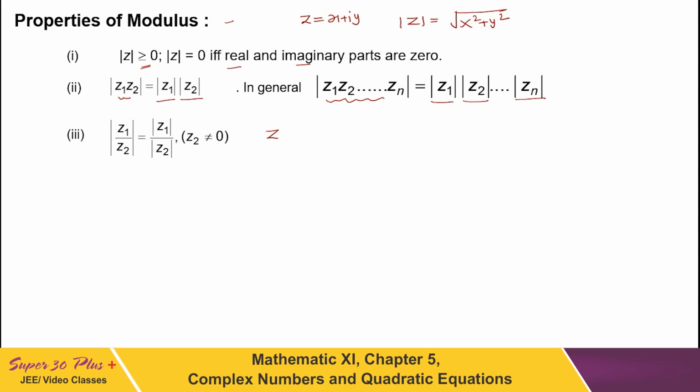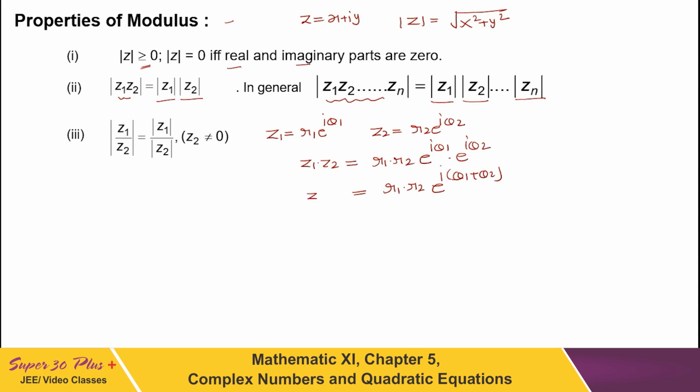Let z1 be equal to r1 e to power iota theta 1, which is the exponential form, and z2 equal to r2 e to power iota theta 2. What is the value of z1 into z2? It is r1 into r2 e to power iota theta 1 into e to power iota theta 2. Now simplify it: r1 into r2 e to power iota (theta 1 plus theta 2).